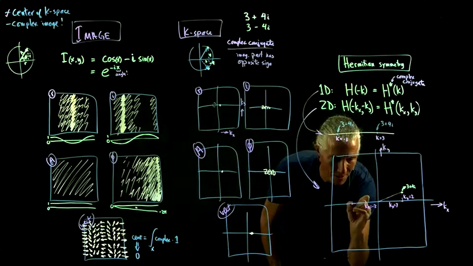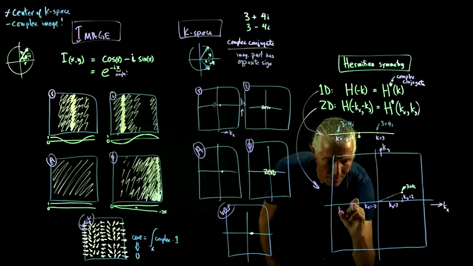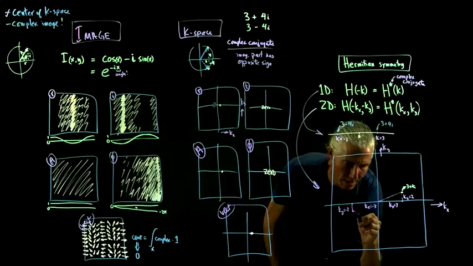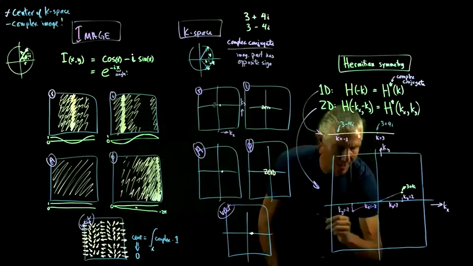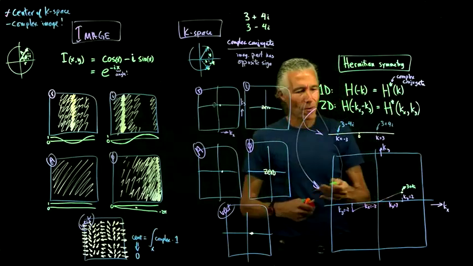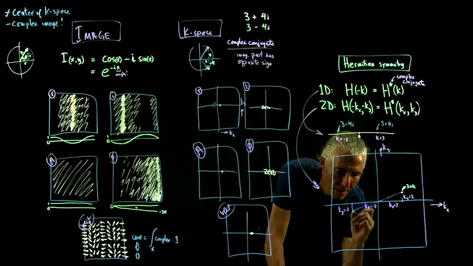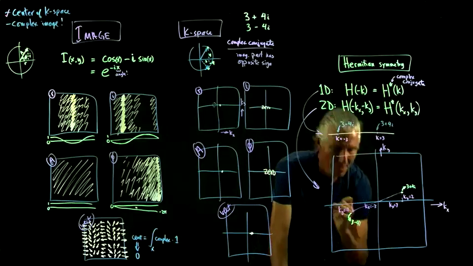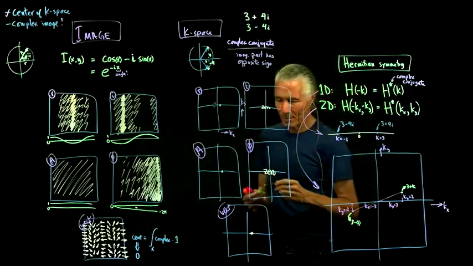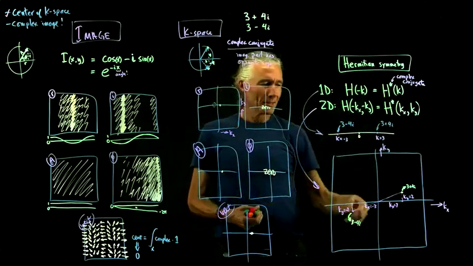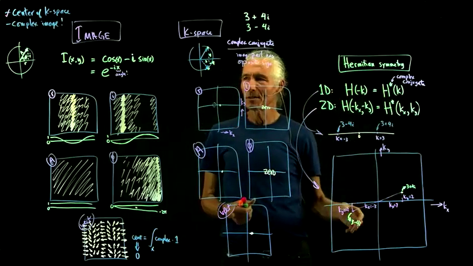There we go. So this is ky equals minus 2. So that point, it's just the sort of mirror image across the middle like that. That one should be 3 minus 4i.